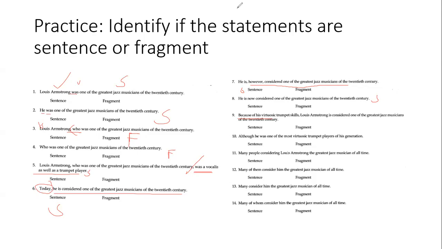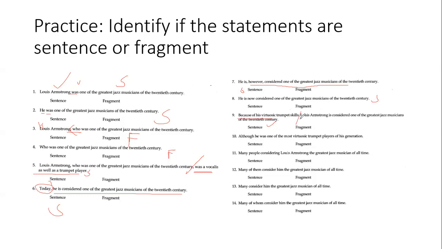It's a sentence. Is it? Because of his virtuosic trumpet skills, blah, blah, blah, is considered one of the greatest jazz musicians. Okay, that's a sentence. It's not a fragment. It's giving a complete meaning. If it ended like this, because of his virtuosic trumpet skills, then it's a fragment.